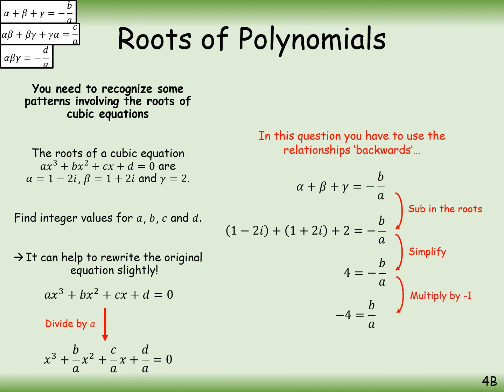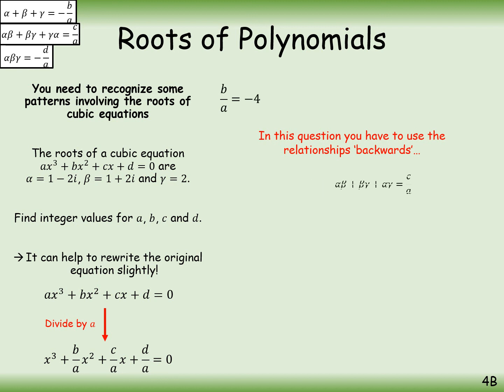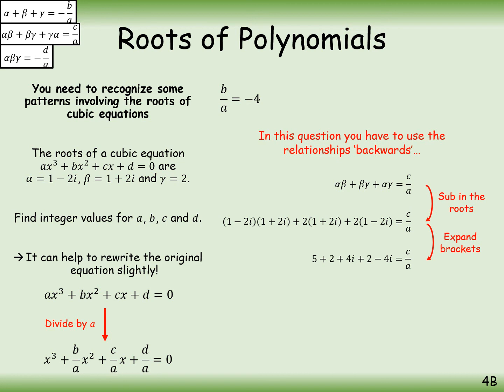Which when we simplify further, b over a equal to minus 4. So now if we look at the doubles of the roots, we know that's equal to c over a. So we substitute in the roots and expand brackets. So if we simplify, c over a is equal to 9.